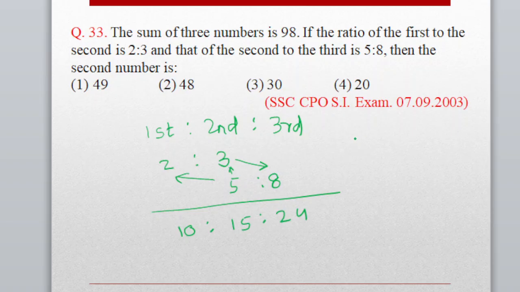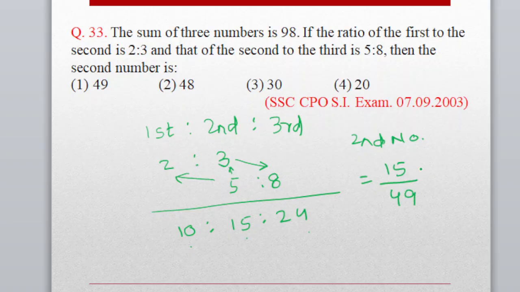So here the second number is equal to 15 divided by 10 plus 15 plus 24, so that is equal to 49.